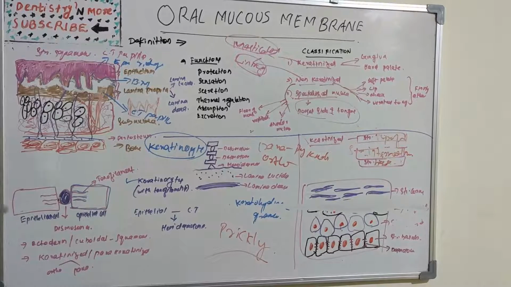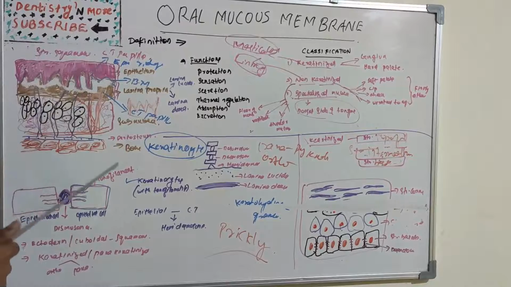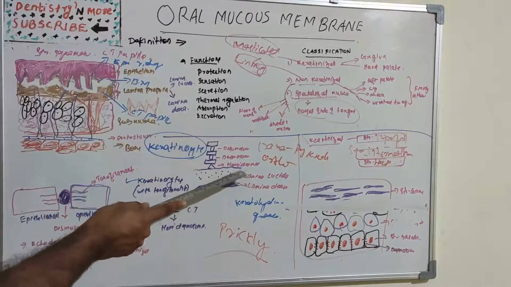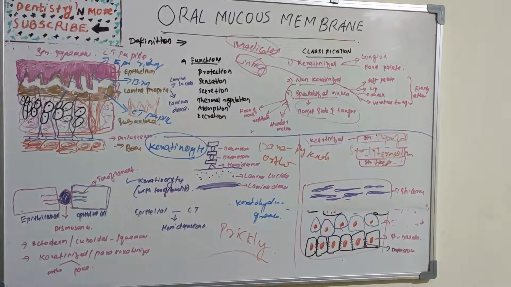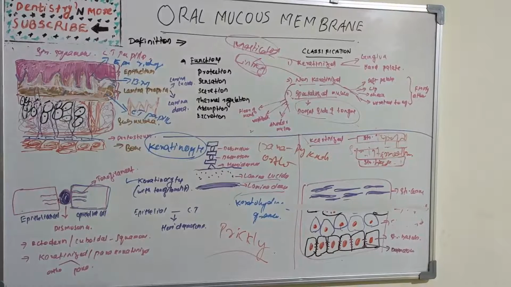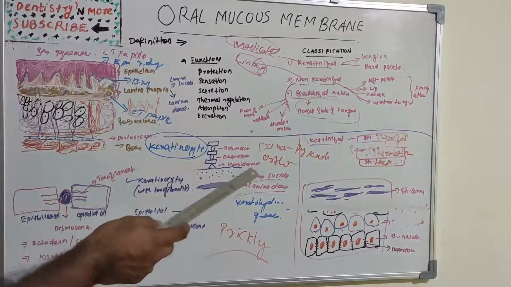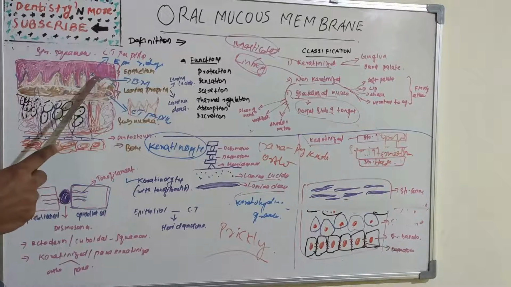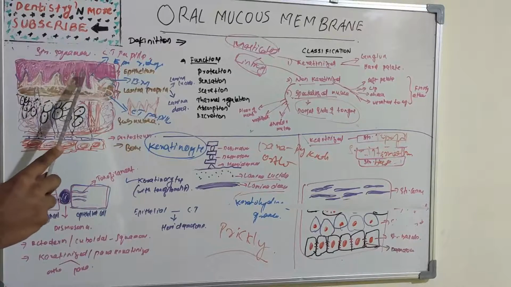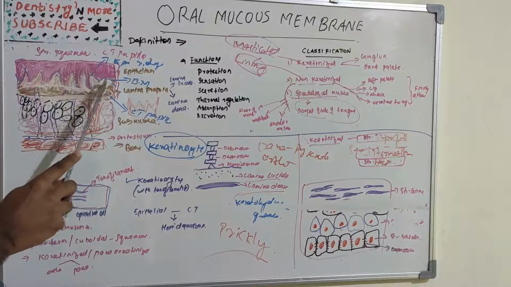So this lamina propria, we have seen the lamina propria. We have learned it has 2 layers, lamina lucida and lamina densa. We can also say that it has papillary and reticular layers. Lamina lucida is towards the epithelial ridges, that is the connective tissue papillary layer.